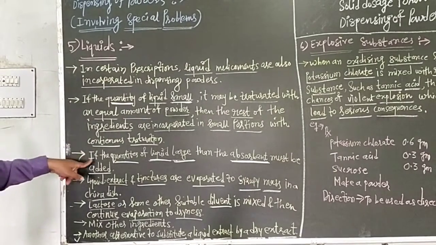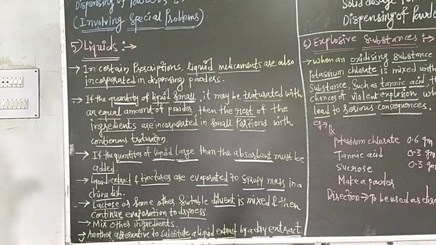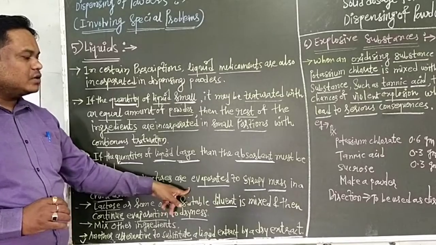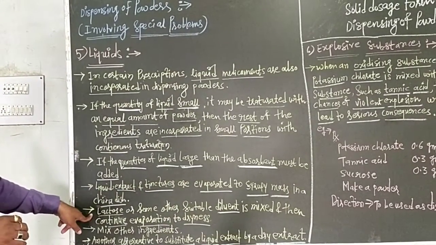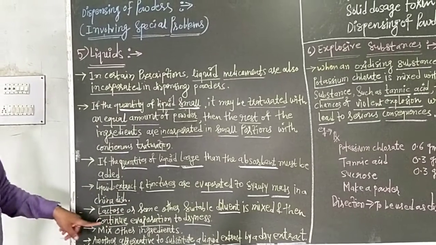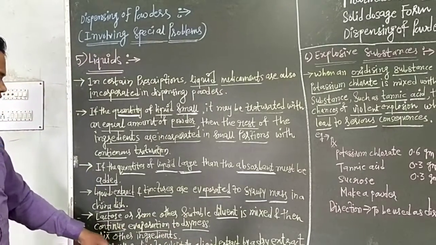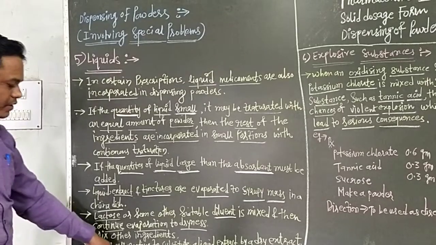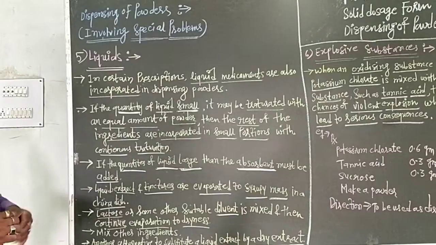If the quantity of liquid is large, an absorbent must be added. Liquid extracts or tinctures are evaporated to a syrupy mass in a china dish, then lactose or some other suitable diluent is mixed and evaporation continued to dryness. We get a free flowing powder, then mix other ingredients in it. The last alternative is to substitute a liquid extract by a dry extract.